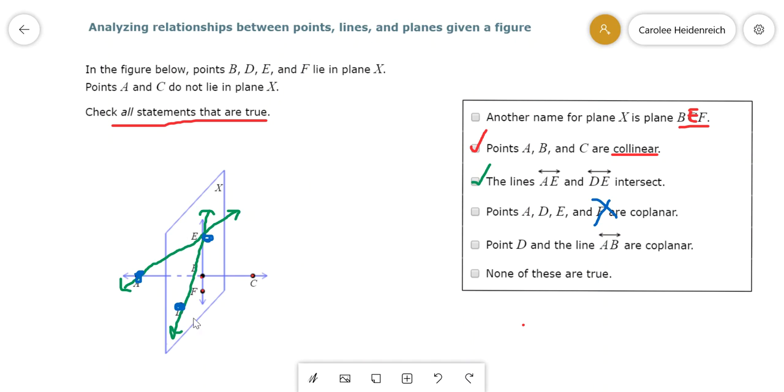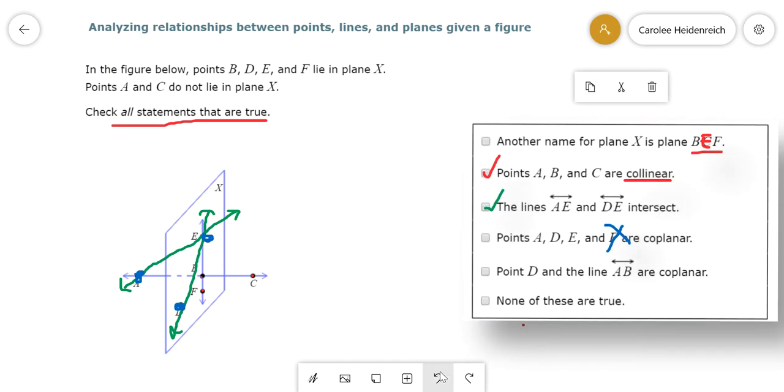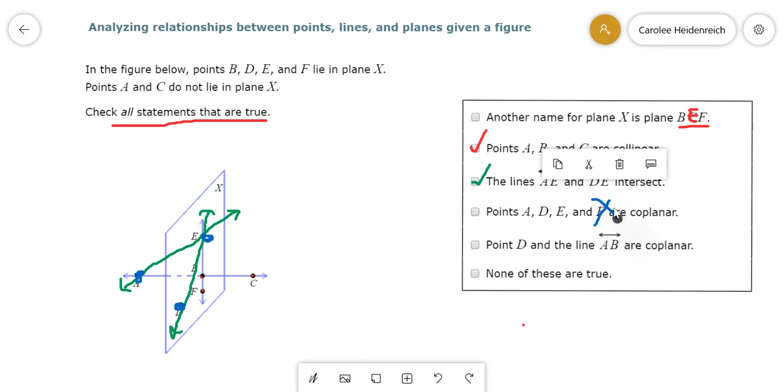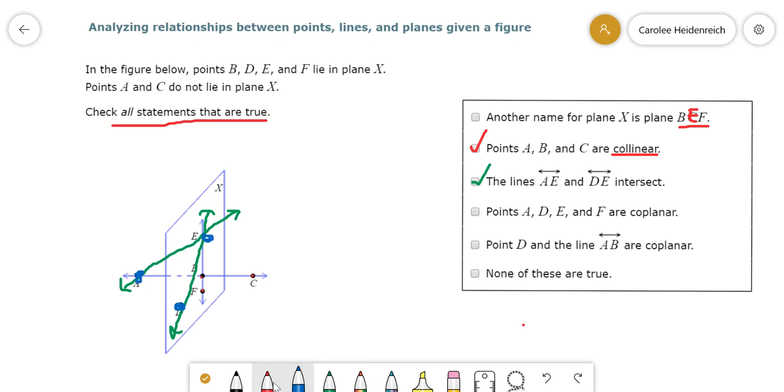It would not be parallel to plane X, but we can always draw a plane that has all 3 points inside it. So if they give you just 3 points and ask if they're coplanar, the answer is always yes, because any 3 points can make a plane. But they didn't ask us that, so that one is not true.